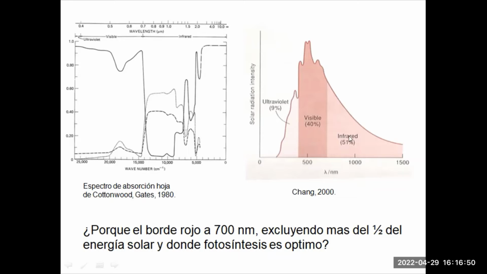So why would plants be doing that, especially when the photosynthetic efficiency is maximum around 700 nanometers? That means that for photosynthesis to be optimal, plants should be absorbing around 700 nanometers.